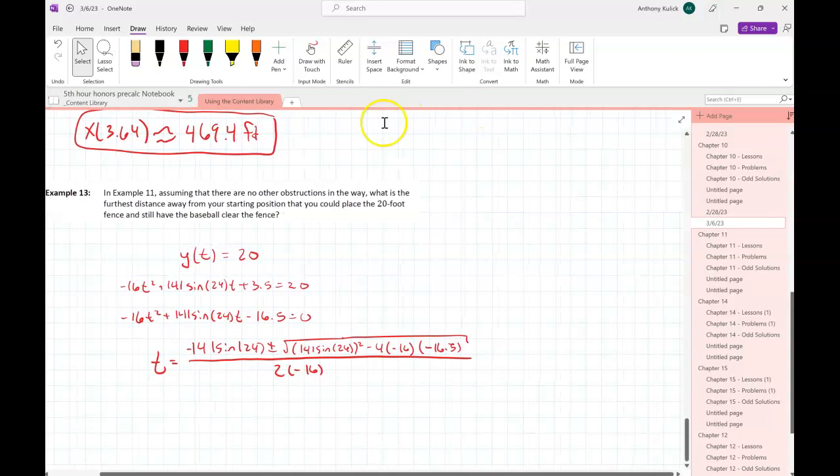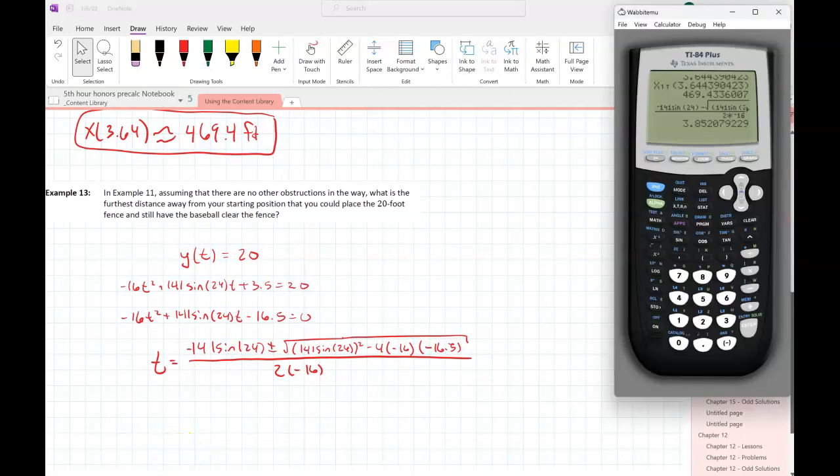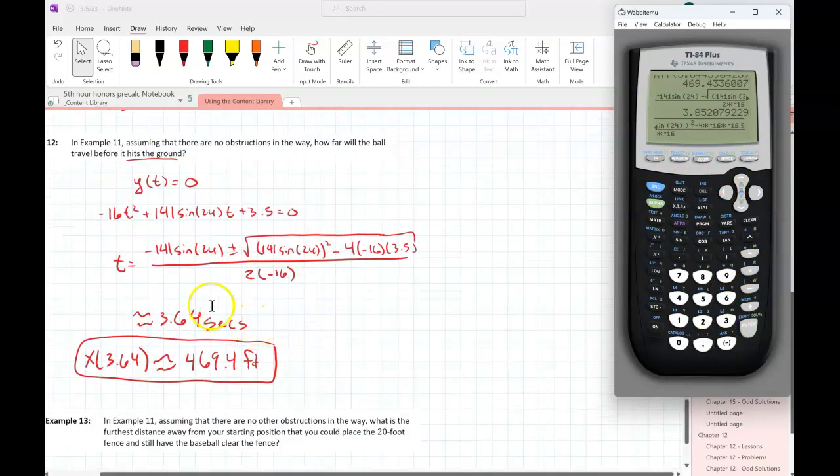What? I think I forgot to make that negative. Yup. Why did Mr. Kulik know there's something wrong there? Because 3.85 was bigger than 3.64, right?